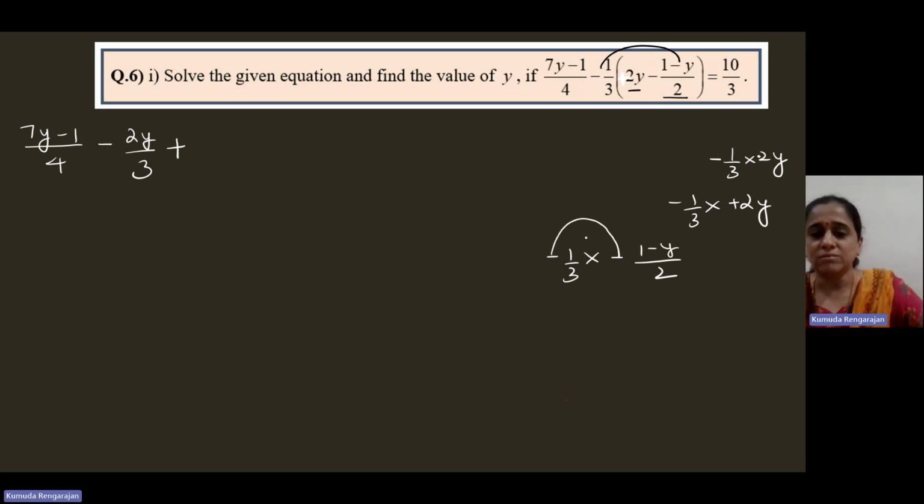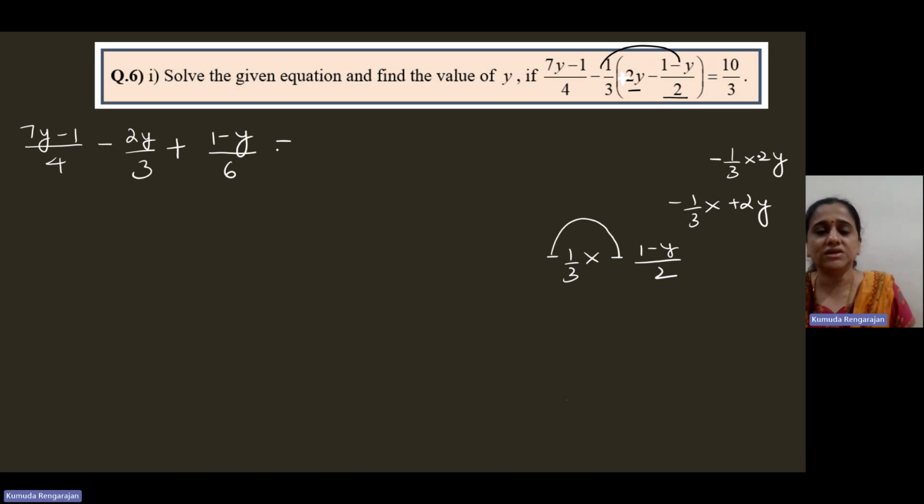And then multiply the numerators. How do we multiply fractions? Multiply the numerators, multiply the denominators. 1 into anything is the same thing, so 1 into 1 minus y is 1 minus y, divided by 3 into 2, 6.